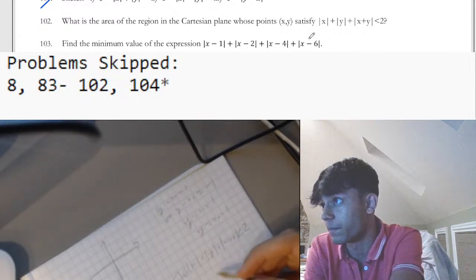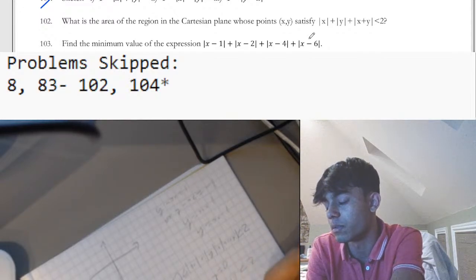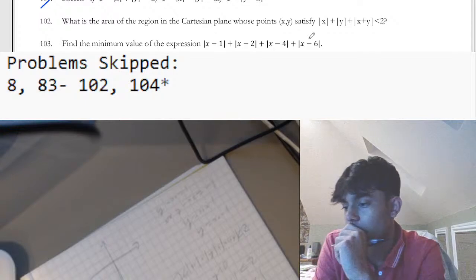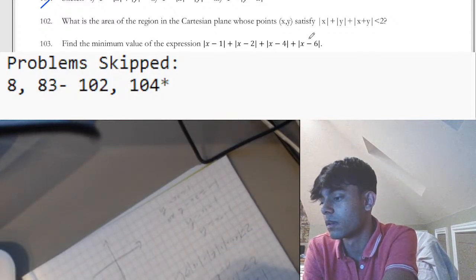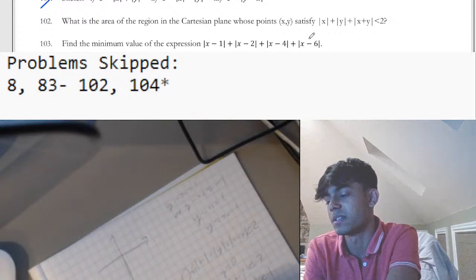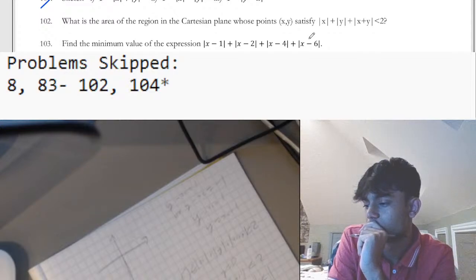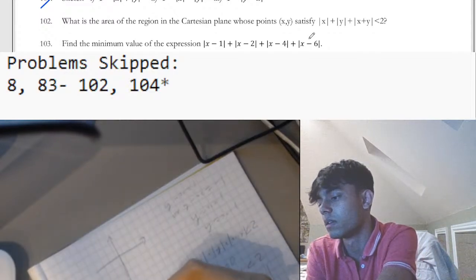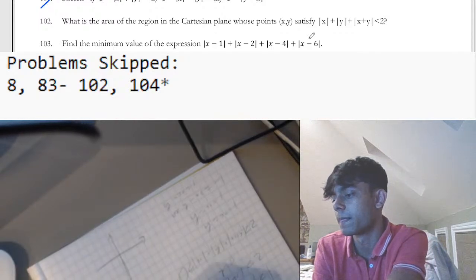Because if y is 0, mod x is 2 and mod x less than 2, so mod x is less than 1. So y equals 0, mod x has to be less than 1. Similarly, if x equals 0, mod y is less than 1. So you're bounded here.